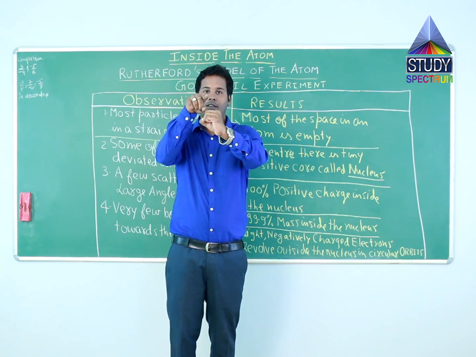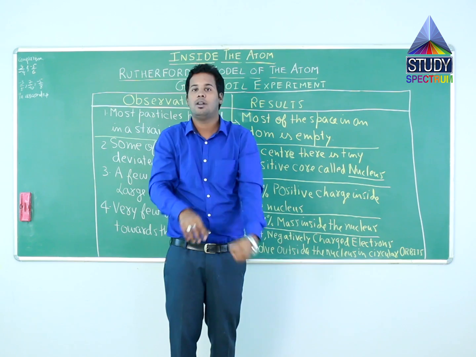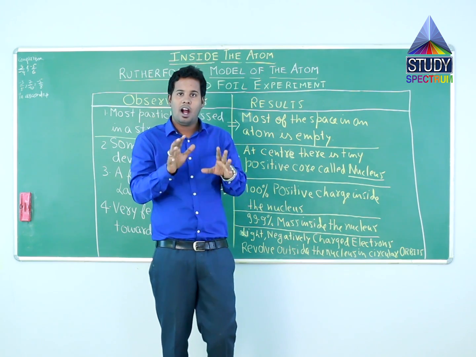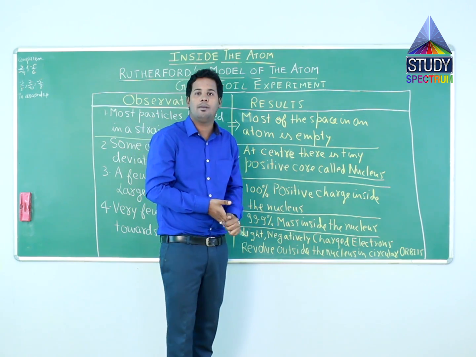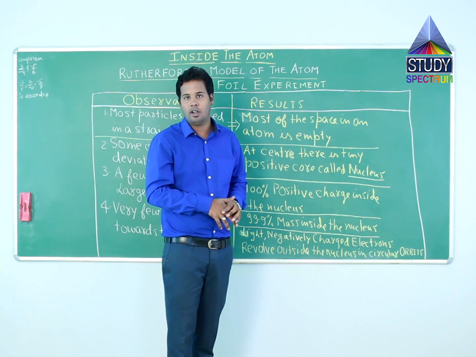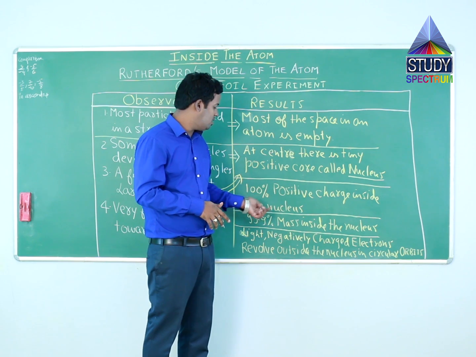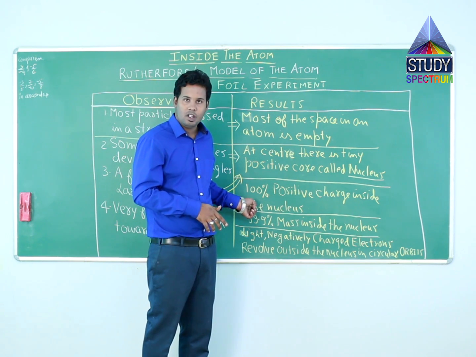But while traveling away from the nucleus, they were not getting deflected. It means at the center there is 100% positive charge. It means 100% positive charge in an atom is inside that positive core, which he named as the nucleus, and he wrote the third result as 100% positive charge inside the nucleus.